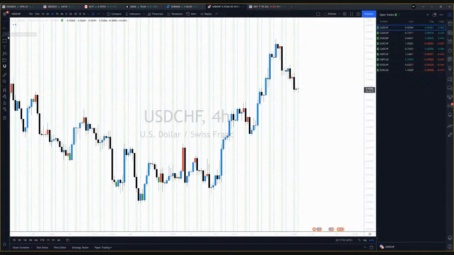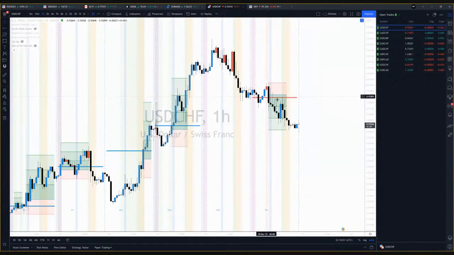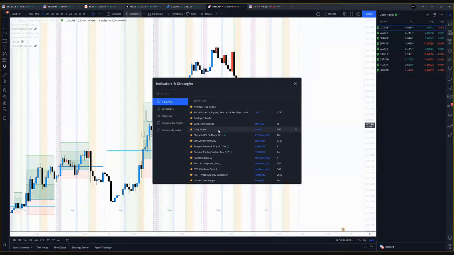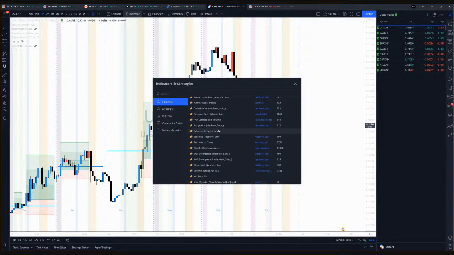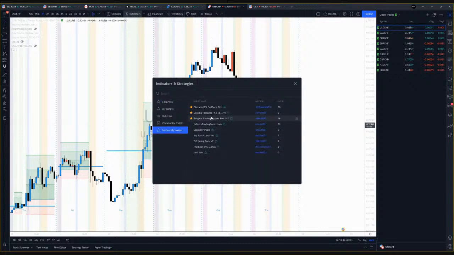Enigma today. Let me show you. Enigma would have given you the sell today, hit TP, with the understanding of pullback pips. Where is it gone?